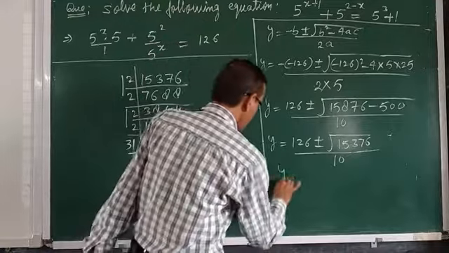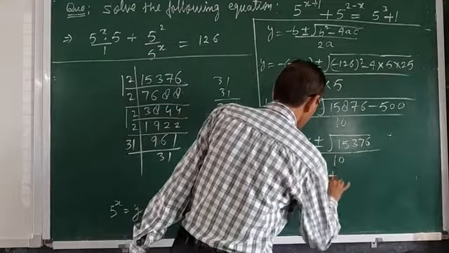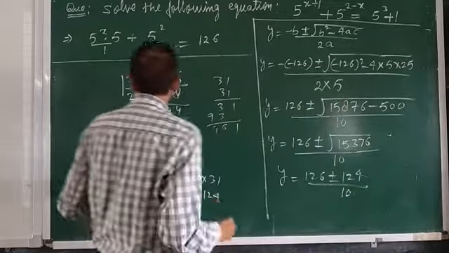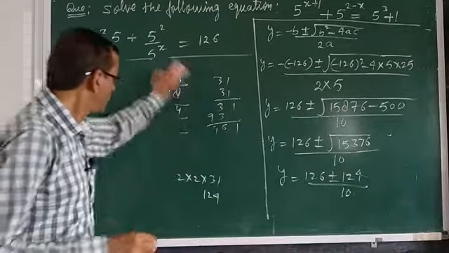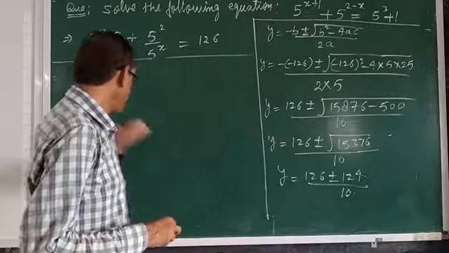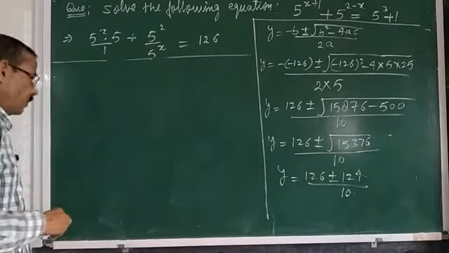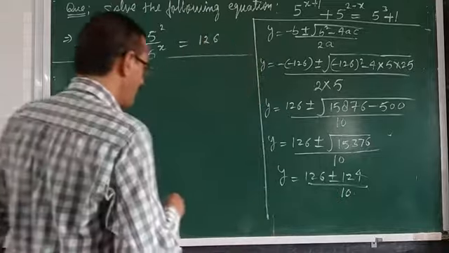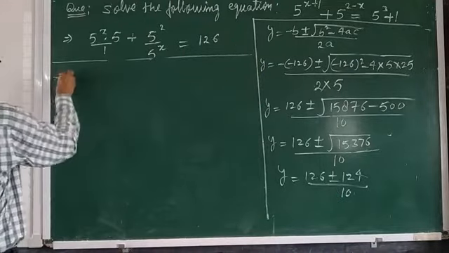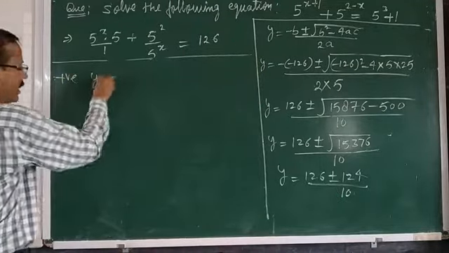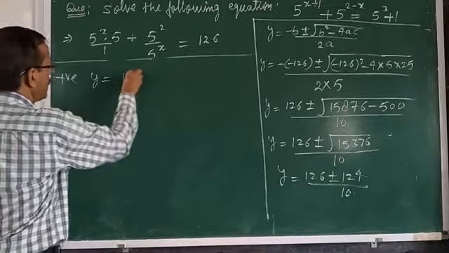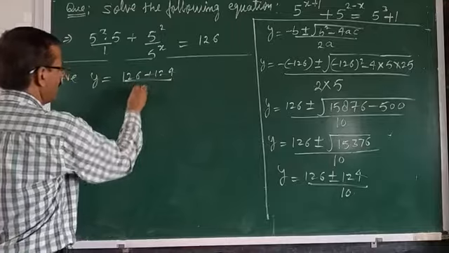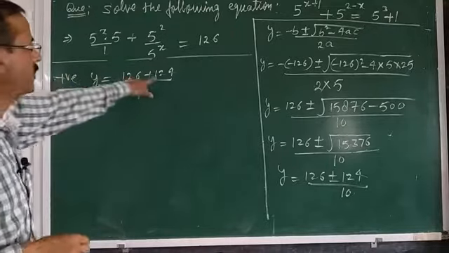So we can write y is equal to 126 plus minus 124 whole upon 10. Now two values are coming, one is plus, one is minus. So one by one we have to take them. If you are taking the plus sign, so y is equal to 126 plus 124 upon 10.